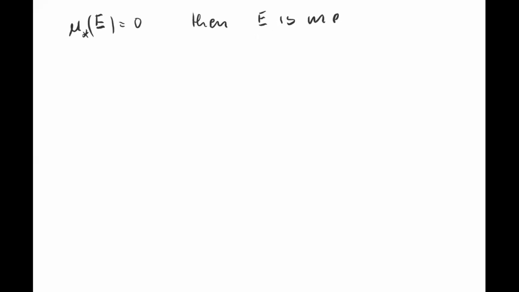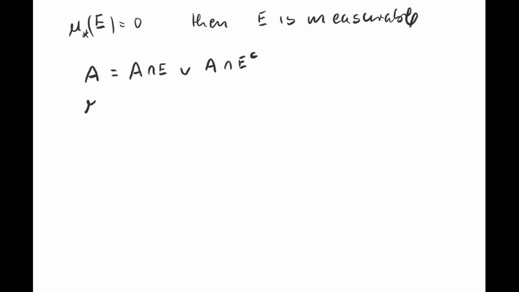That's what it means to be in M. So let A be an arbitrary set. So A is going to be A intersected E, not intersected, union, A intersected E complement, right? Yes.